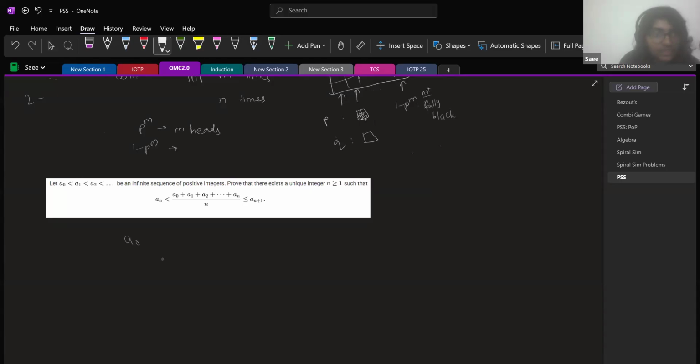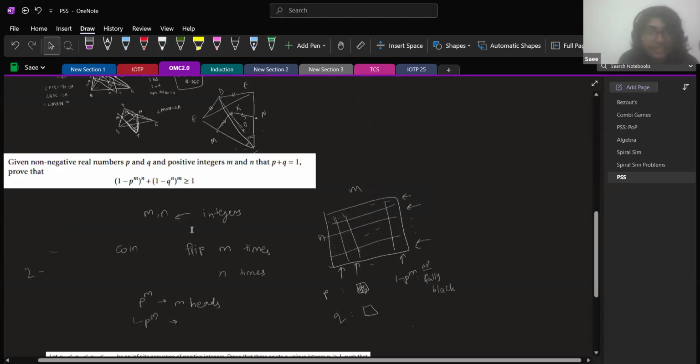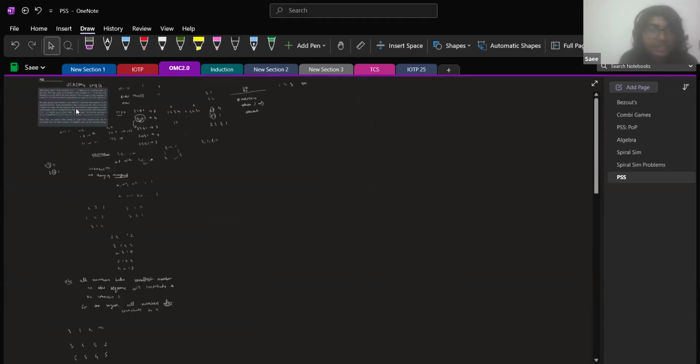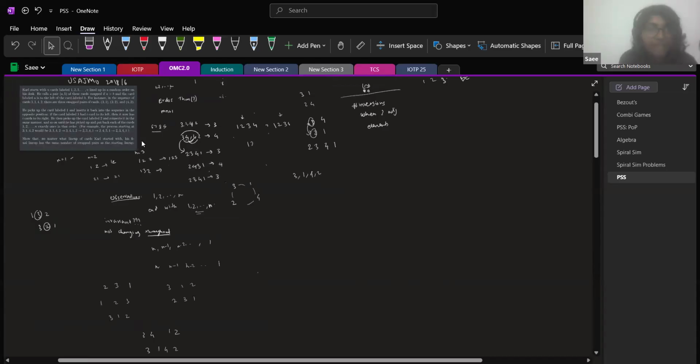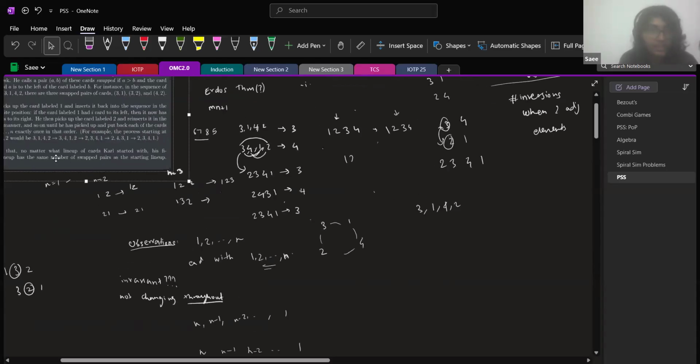We have A naught less than A1 less than A2, and there should be a unique m such that an is less than, right off the bat. Again, noticing that things were weird is a big help. For example, in this one you notice that this operation is seemingly quite weird.